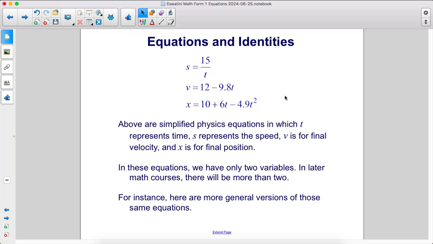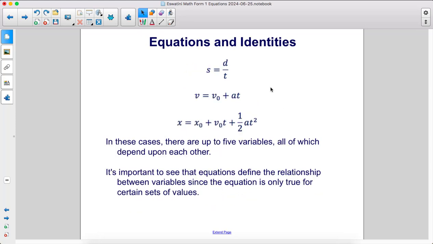Above are simplified physics equations in which t represents time, s represents speed, v is for final velocity, and x is for final position. In these equations, we have only two variables. In later math courses, there will be more than two. For instance, here are more general versions of those same equations. s equals d over t, or speed equals distance over time.